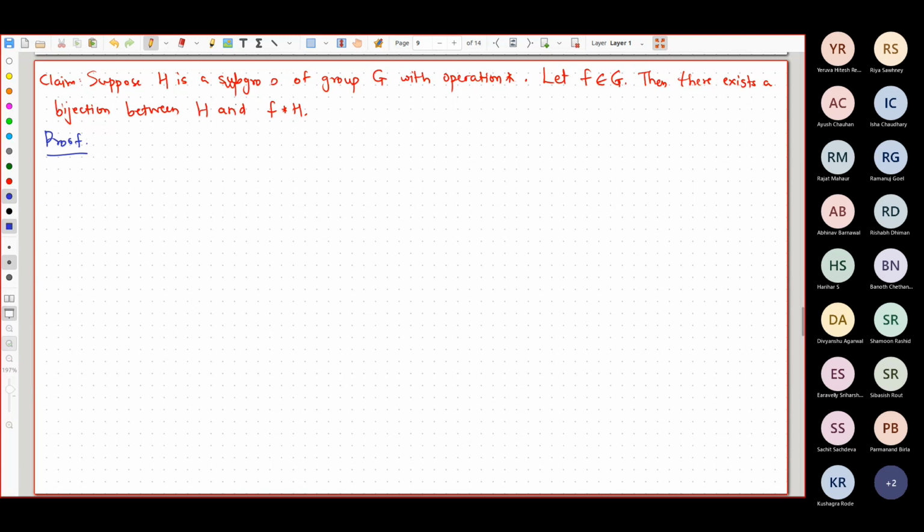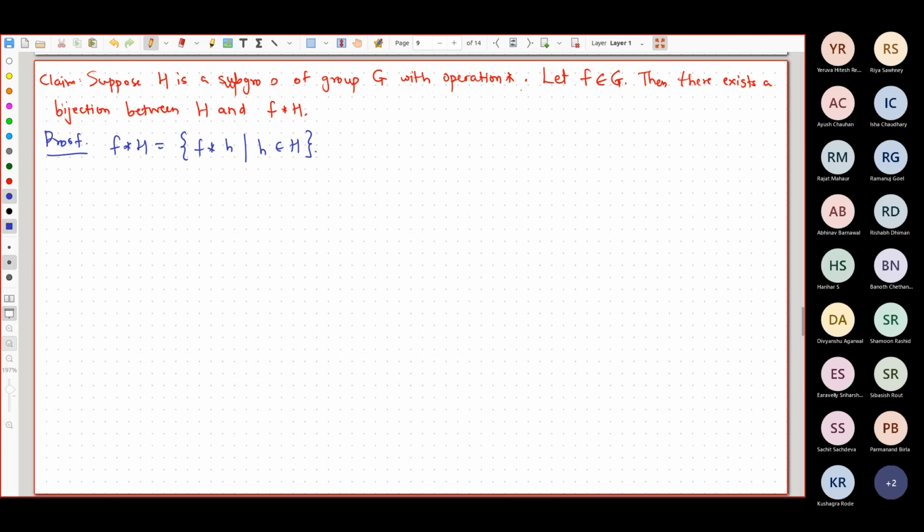If I write down the definition of f star H once again, the bijection should be obvious, I hope. f star H is just the set of all f star h such that this little h is in the set capital H. What is the bijection?